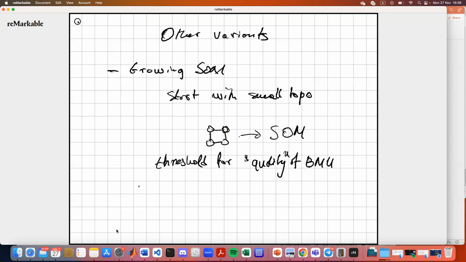So you need to enter the growing phase. In the growing phase, you add new nodes. You still assume that you're on a lattice, but the shape of the nodes is not determined.